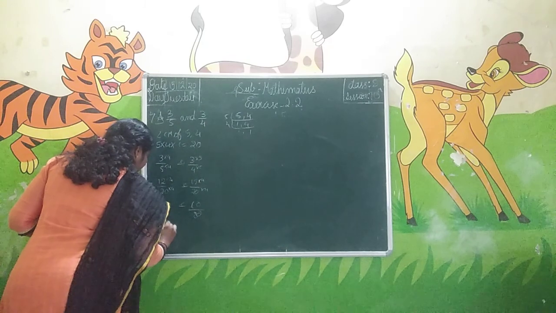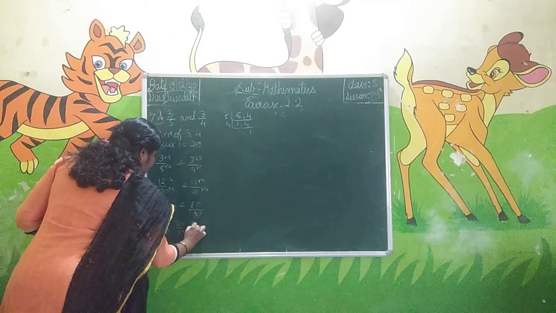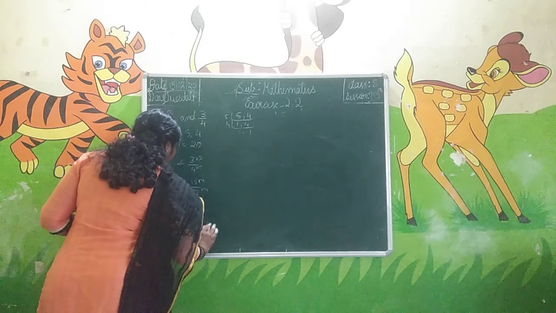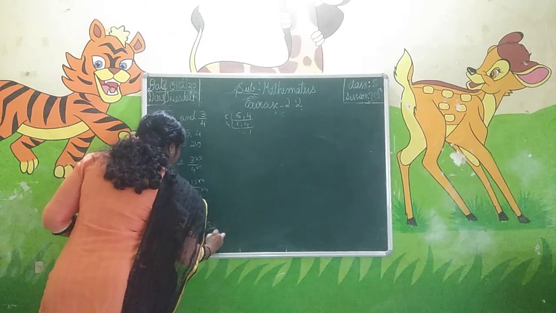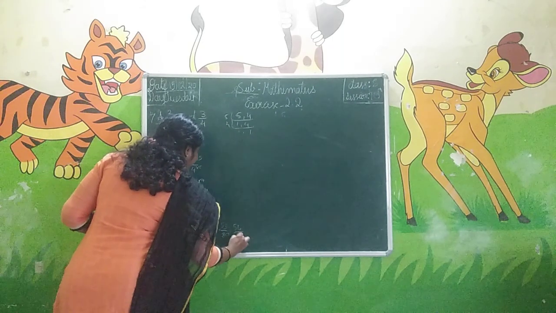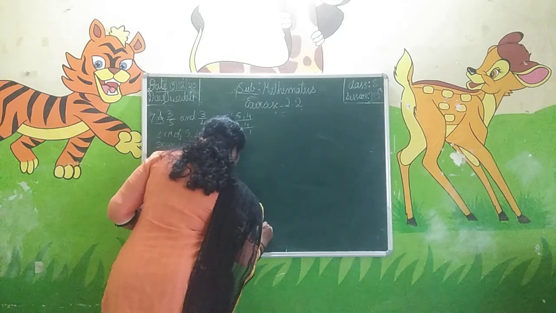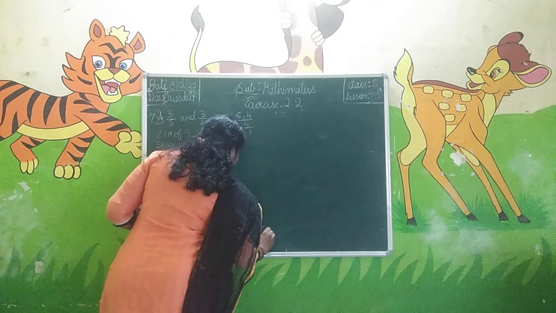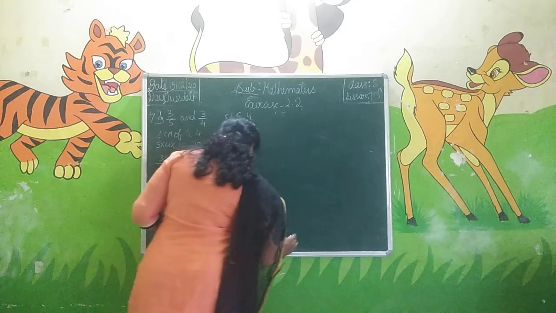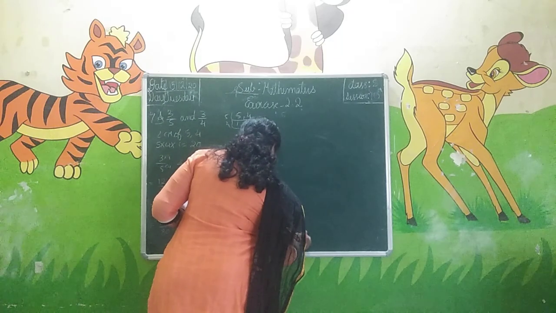So 49 by 80, 50 by 80, 51 by 80, 52 by 80, 53 by 80, 54 by 80, 55 by 80, 56 by 80, 57 by 80, 58 by 80.